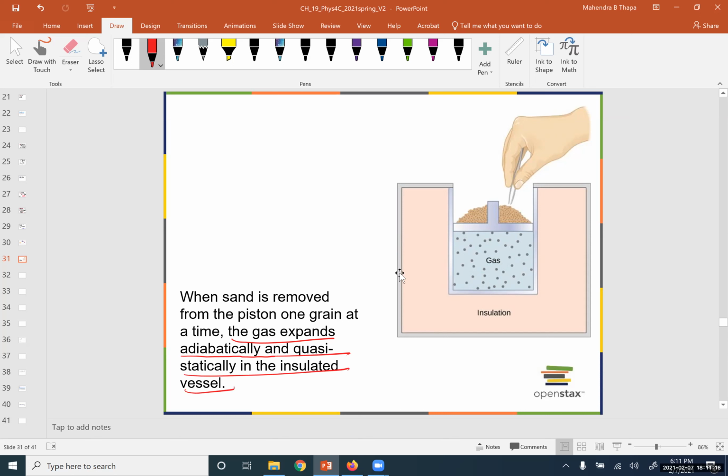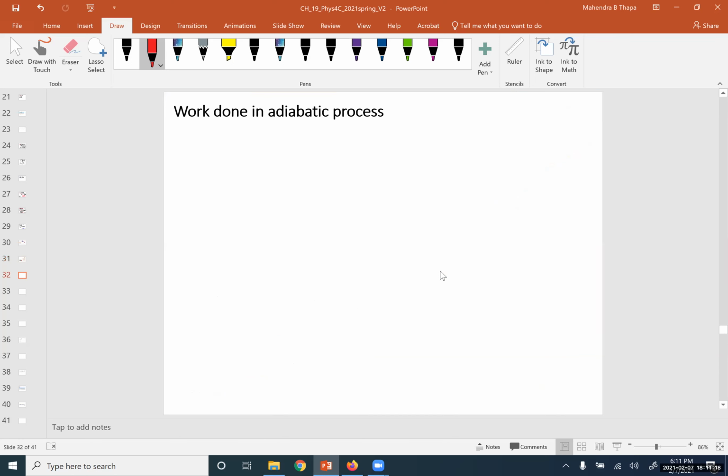Okay, so let's start with how much work will be done in the adiabatic process. Say we have the system as before, a cylinder with a piston. It is a closed system, and this is the adiabatic process, so our dQ will be zero.